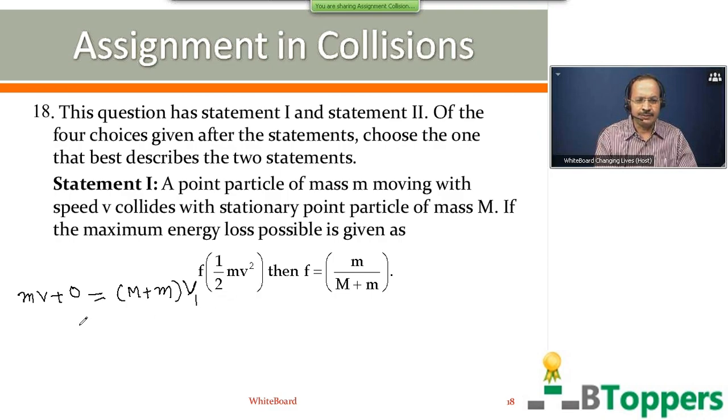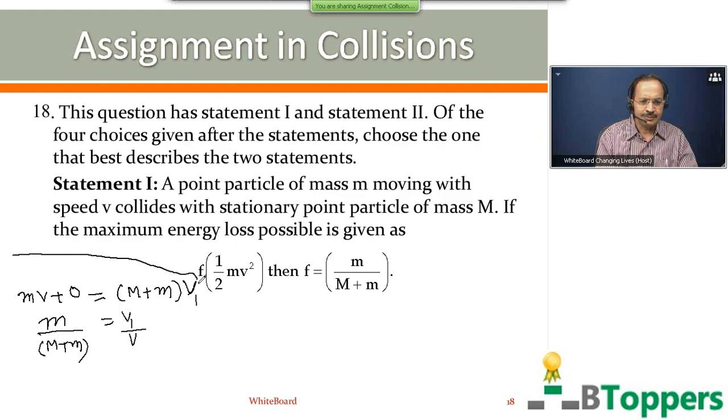To find the ratio of the final to initial kinetic energies, after and before collision, you have to find the ratio of the final and initial speeds. So v1 by v you can write as small m by capital M plus small m. Now the ratio of the final kinetic energy after collision to the initial kinetic energy before collision, I write as Kf by Ki.